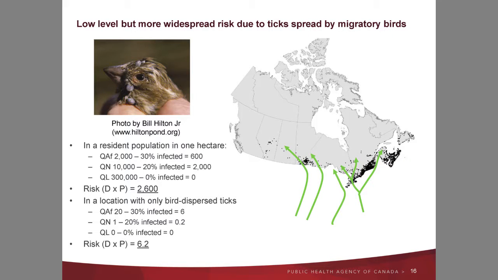But the risk is much greater where we've got reproducing populations. These are notional calculations, but they give you an idea that where the tick populations are occurring, the adults which can bite us and be infected, and also the nymphs, are many more in reproducing populations than you ever get brought in by migratory birds.